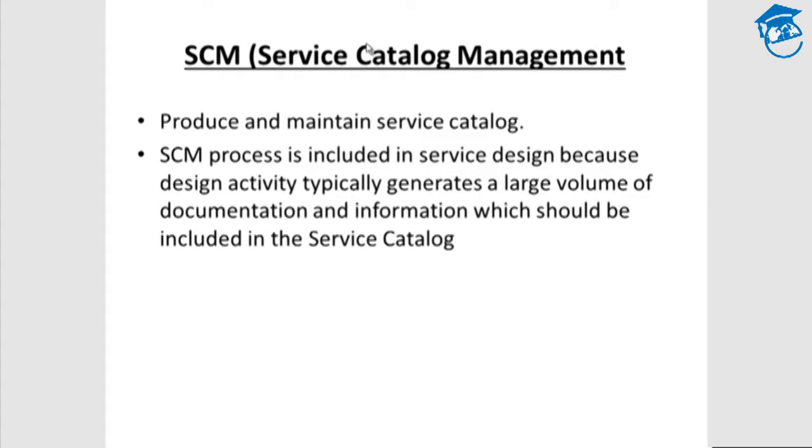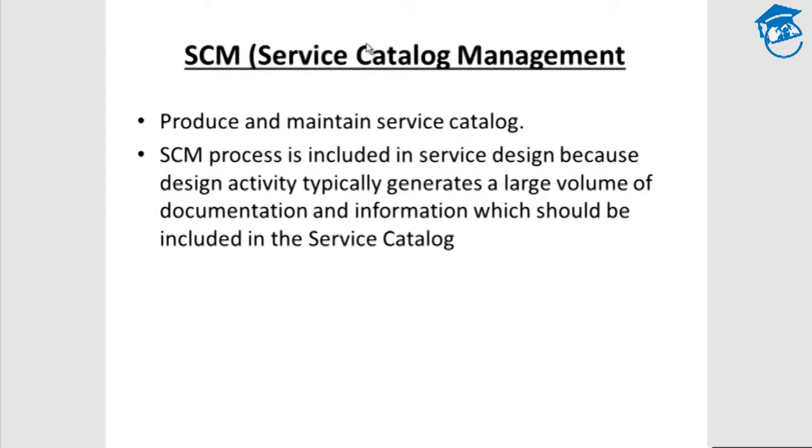There are two kinds of catalogs mainly: the business catalog and the technical catalog. The business catalog is to show the customers, and it provides the list of all the available services that you are offering to the customers and users. The technical catalog contains all the technical information, but that is not accessible to the business or to the users.